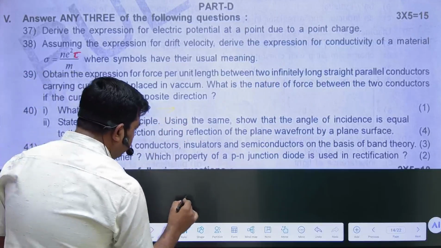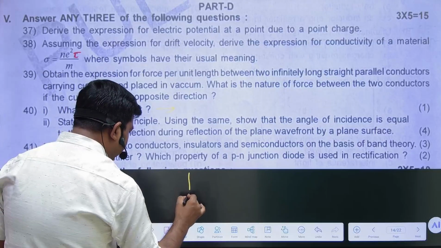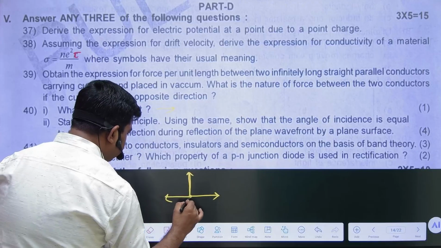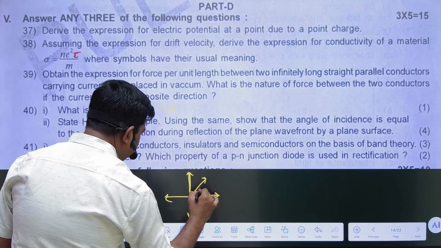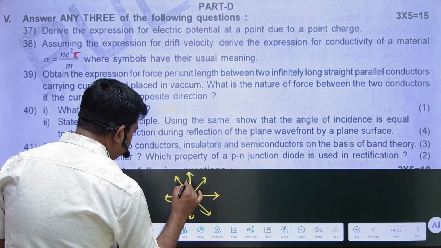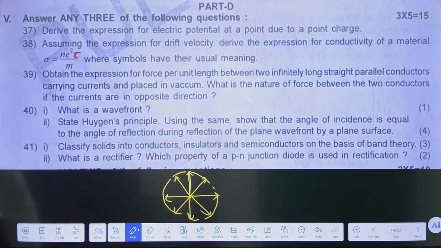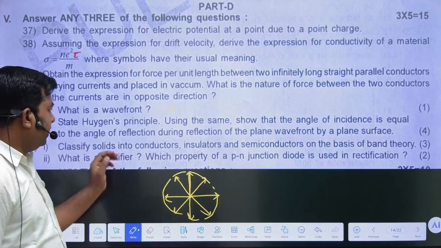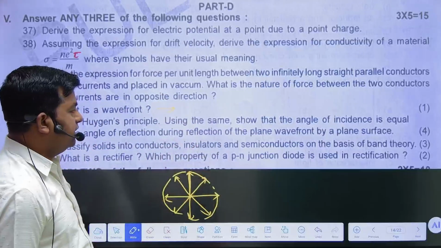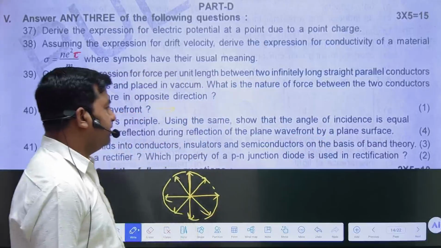Let's say we take a point source which releases light energy in all possible directions like this, and at any instant we draw an imaginary surface at which all the particles of the medium vibrate in the same phase. This is called the wavefront. Clear to you?